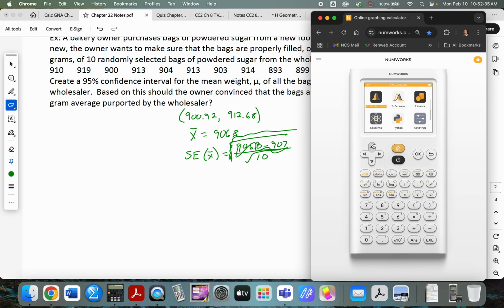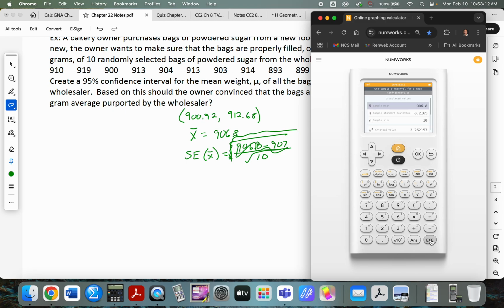So now I go back to my inference, and we're going to use the data set. One of the nice things is that when you go back to the inference, it picks up where you left off. We actually could have done it from here. You don't actually have to back out, which is a slight advantage it has over the TI. Confidence level 95%.